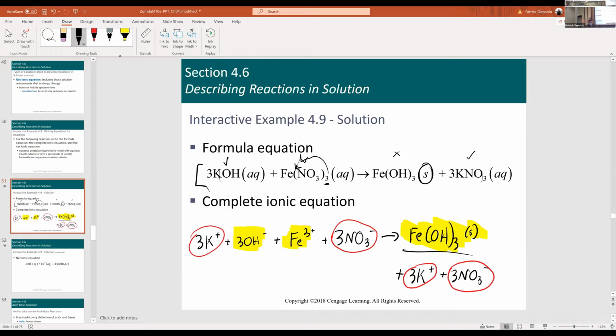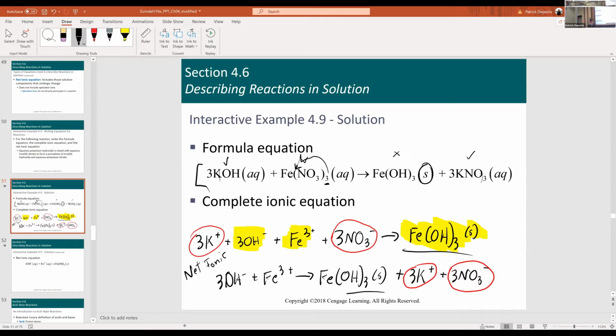I'll put net ionic would be 3OH- plus Fe3+ yields Fe(OH)3 solid. And technically it's correct to put the aq next to all these other ones, but I didn't have room to do that.